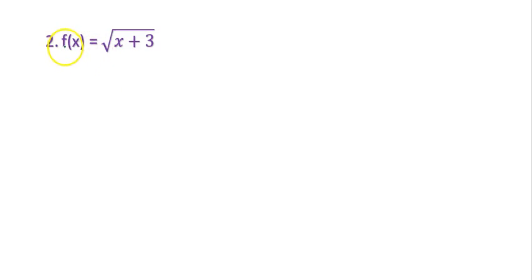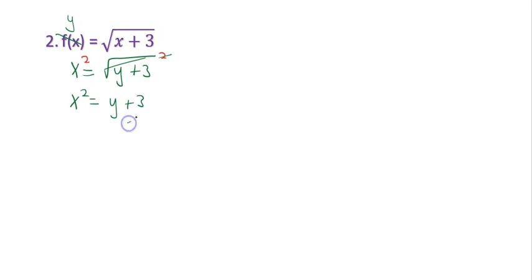Okay, for example 2, again, think of your f of x as y. Switch your x and y. So x will equal the square root of y plus 3. You're trying to solve for y, so what do you do? Square both sides. So I'm going to square this and square this. That will give me x squared equals, these will cancel, and I will have y plus 3.